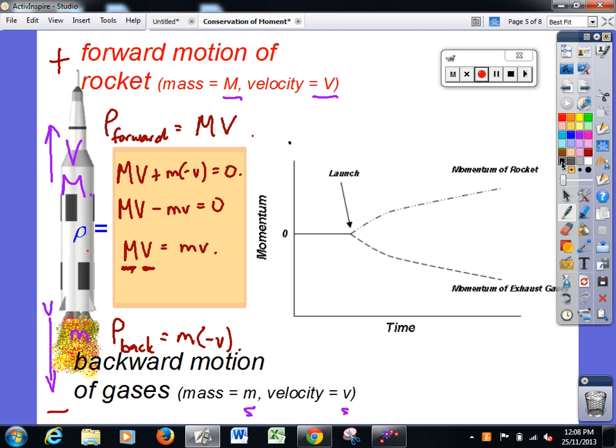However, the other two on the other side, this one here, that's the mass of the gas which is being ejected out of the back, isn't it? Now, what do we know about the thrust of a rocket? It is constant. So the mass that is being spewed out the back per second is constant.